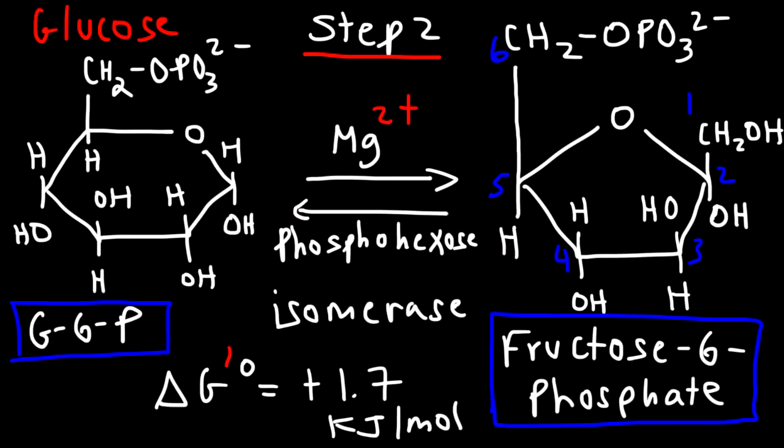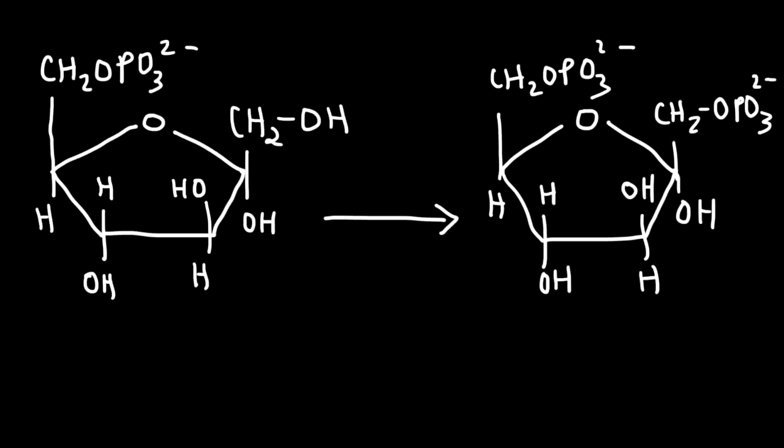If you look at the reactant, it's a hexose, it has 6 carbons, and it has a phosphate group. So thus it makes sense that this is a phosphohexose isomerase. And it also works for the right side as well because it can go this way. The product is also a hexose. Fructose is a 6-carbon sugar, and it has a phosphate group attached to it.